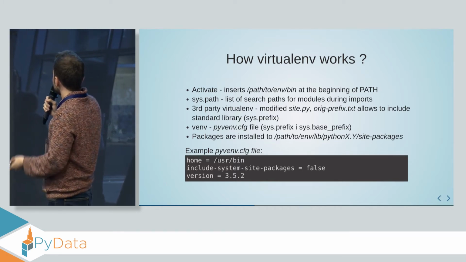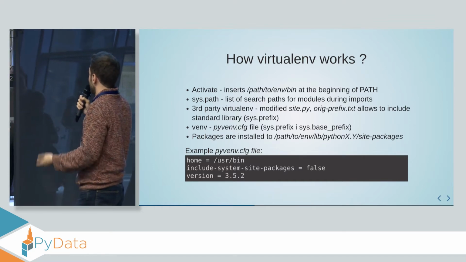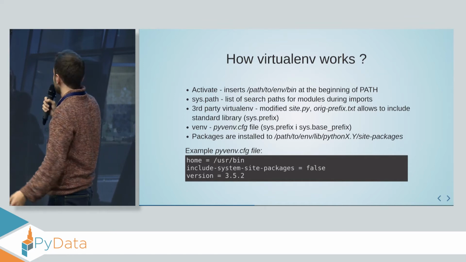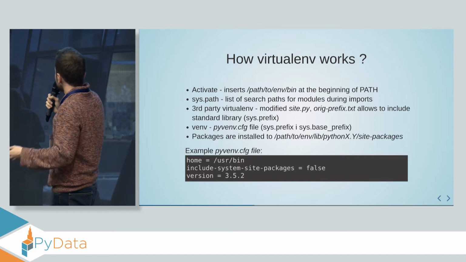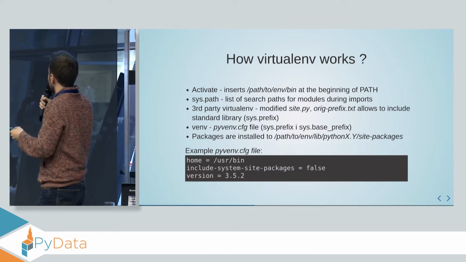Python uses something called sys.path. You can import this module and check what's in there. It contains a list of search paths for modules during imports. And this sys.path is populated by a file called site.py.